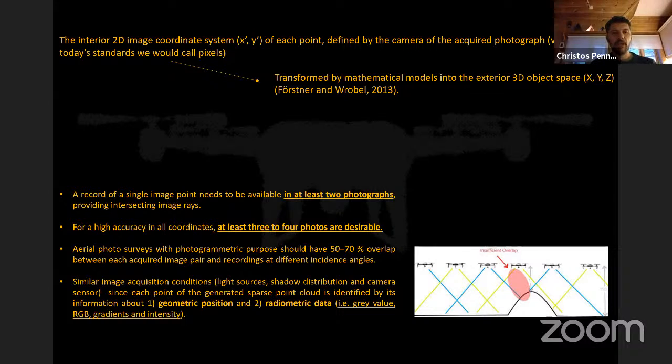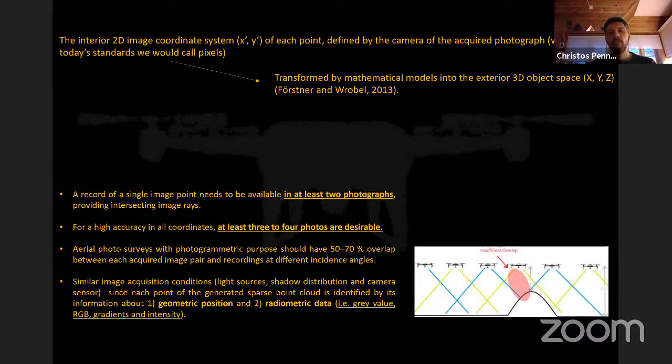In order to have higher accuracy in all coordinates, in all 3 axes X, Y, and Z, these points should be available in at least 3 or 4 photographs. So the more photographs we have depicting the same pixel, the higher the accuracy of our end model.